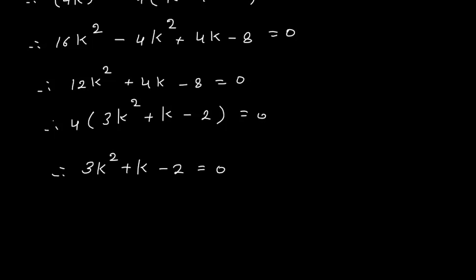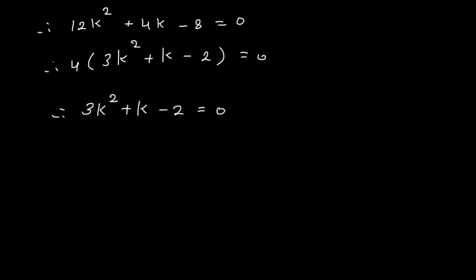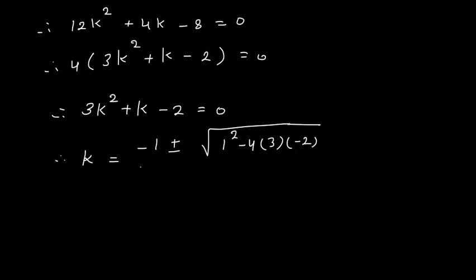So 3 2s are 6. I will say that therefore k is equal to, now we know for a quadratic equation k is minus b, that is minus 1, plus minus root of b square, that is 1 square, minus 4 into 3 into minus 2, and this whole divided by 2 into 3.